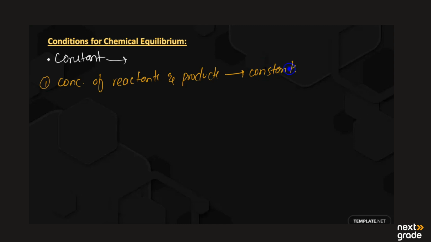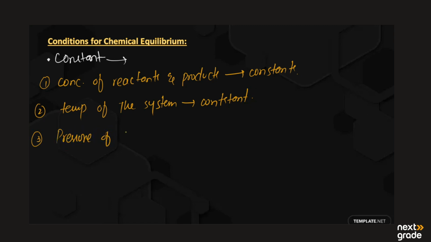Next, the second condition is we need to keep the temperature of the system constant. Temperature of the system must be kept constant. Next we have the third condition, it is the pressure of the system, it must be kept constant.